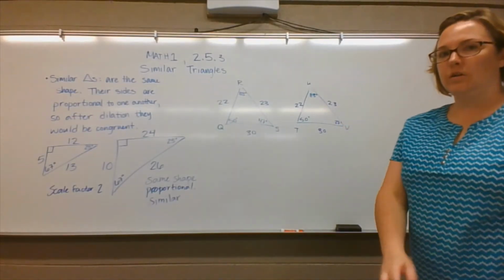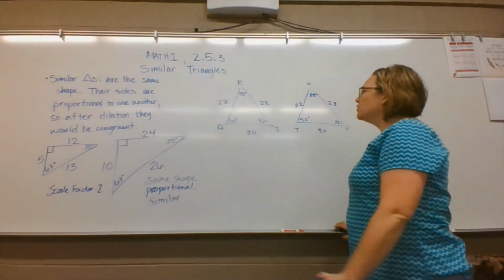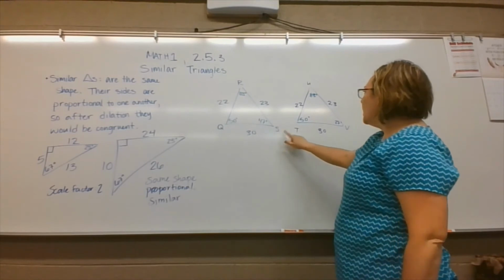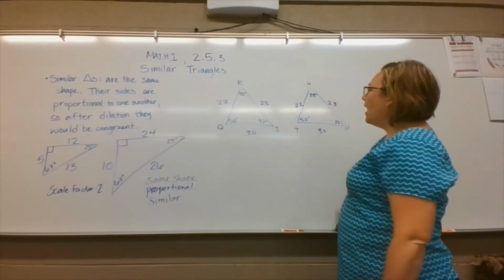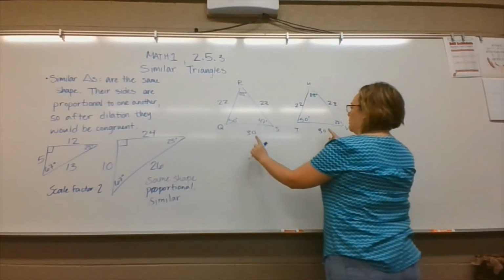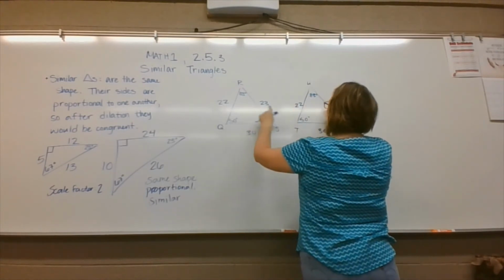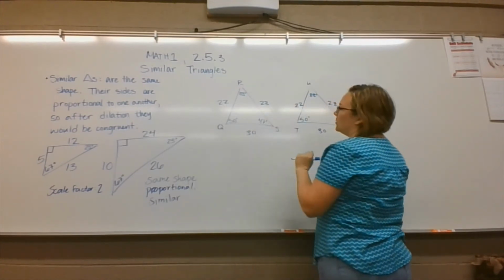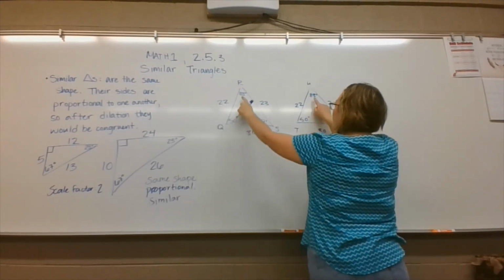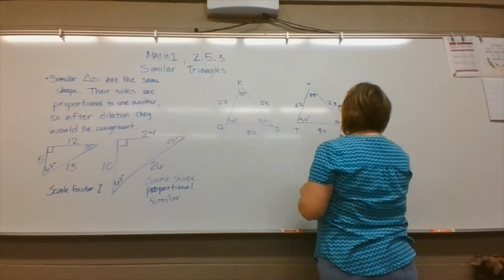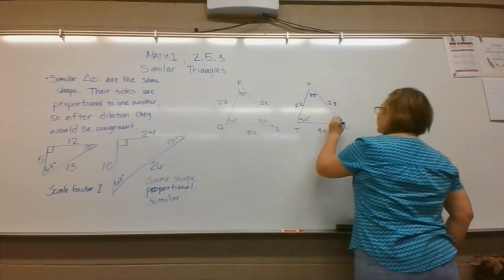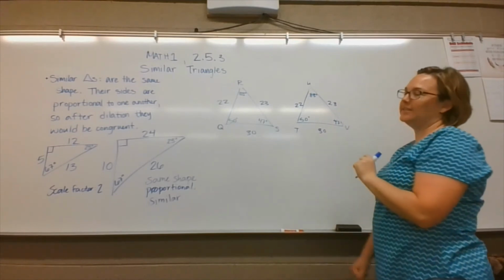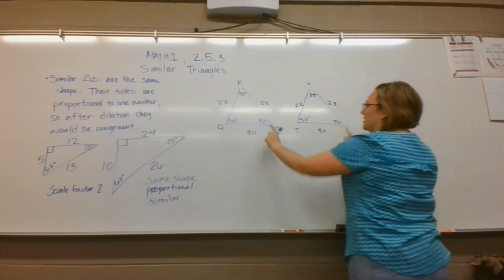And there's our second triangle. So if you notice, triangle QRS and triangle TUV have the same side measurements. So 30, 22, 23. They also have the same angle measurements, 50, 83, and 47.